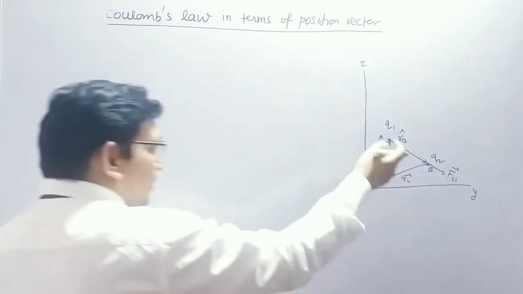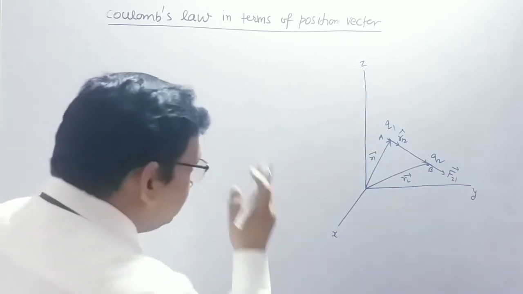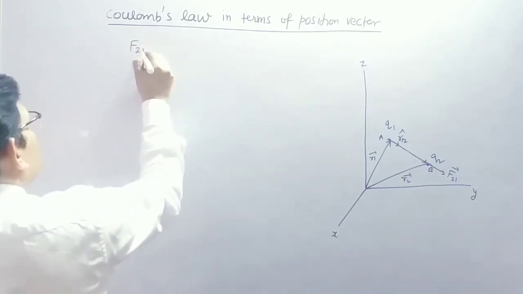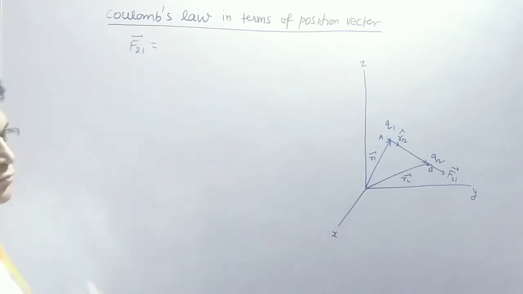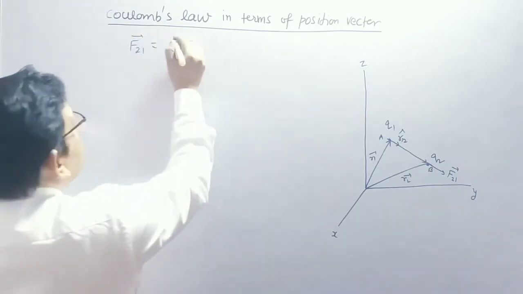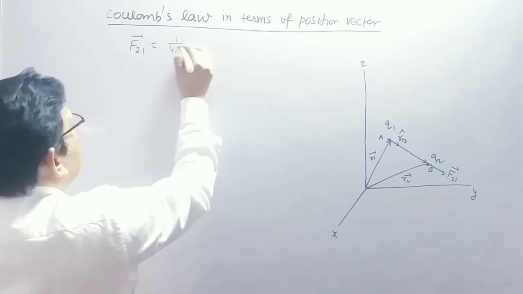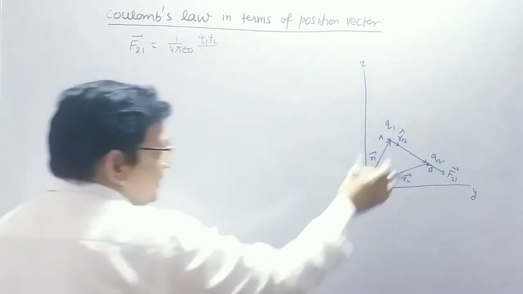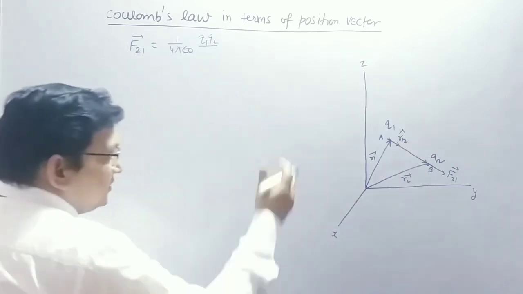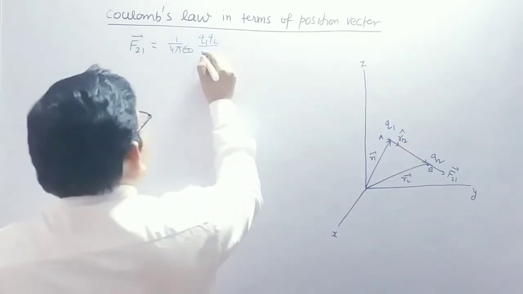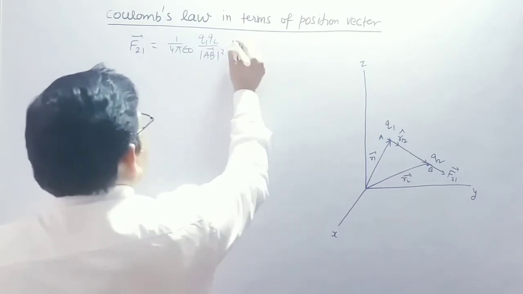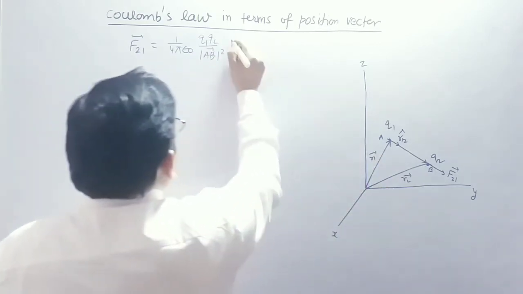So the force acting on charge 2 due to 1 can be written as 1 by 4 pi epsilon q1 q2. What is the distance between the two charges? Let the distance between the two charges be AB. So AB square, and the direction of the force is r12.